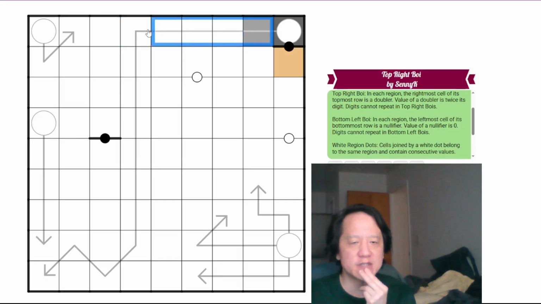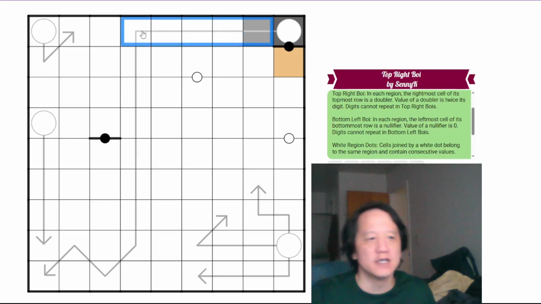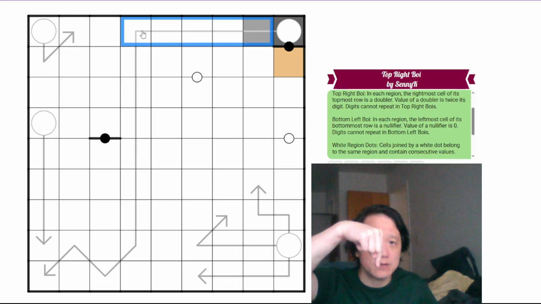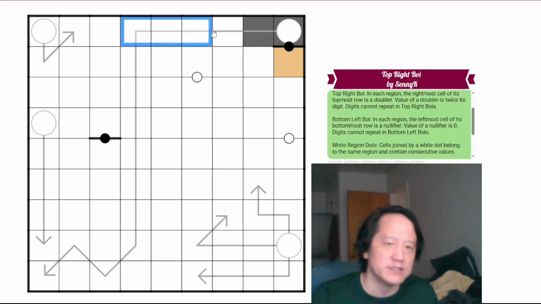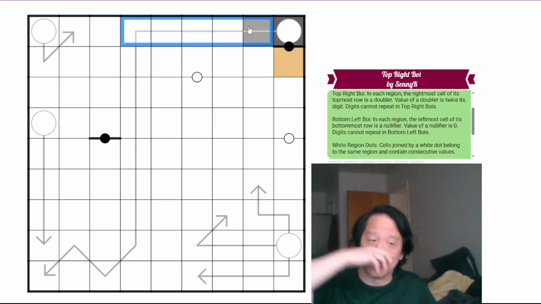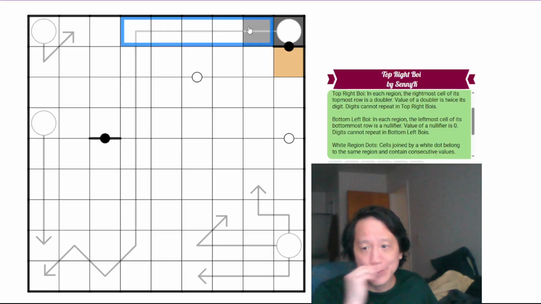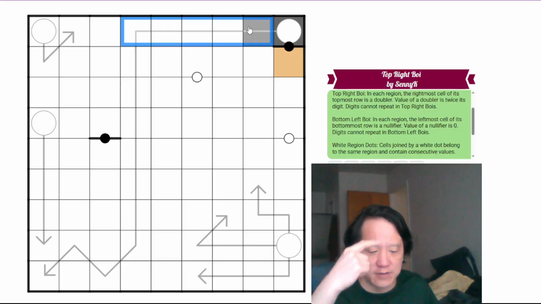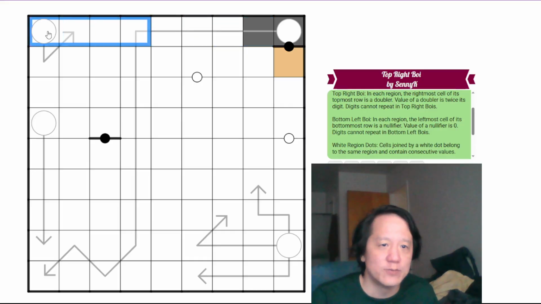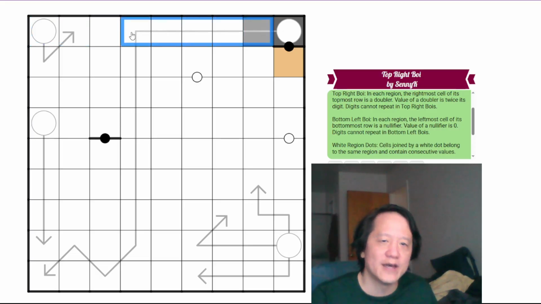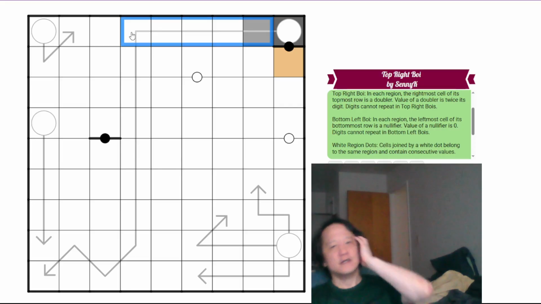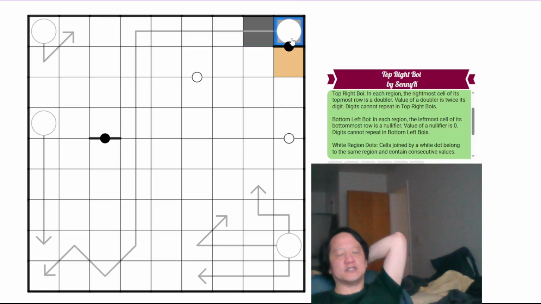Yeah, none of these can be a bottom left boy, because again, either they go down, which means this cell is not in the bottom row, or the region has to continue somewhere to the left. So that is interesting. That means I think this digit has to be an 8.